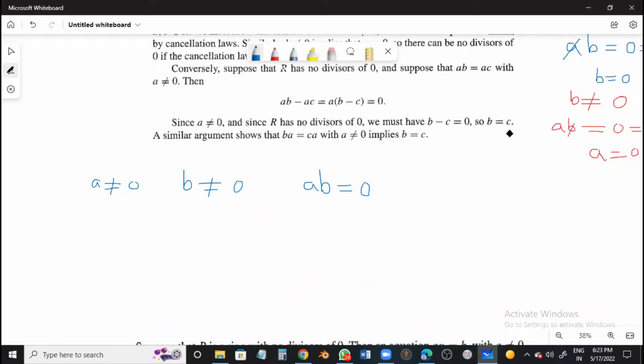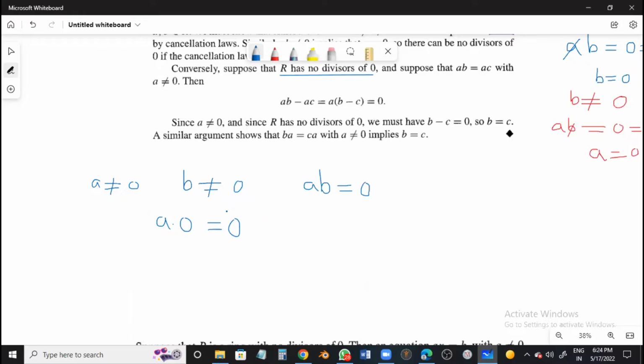But what we want to assume is that R has no zero divisors. What I mean by this is, unless any of them is 0, the product will never be 0. If you want the product to be 0, one of the multiplicands must be 0.